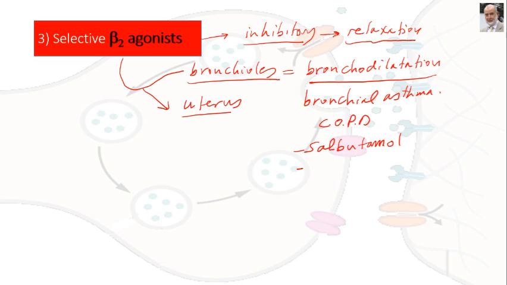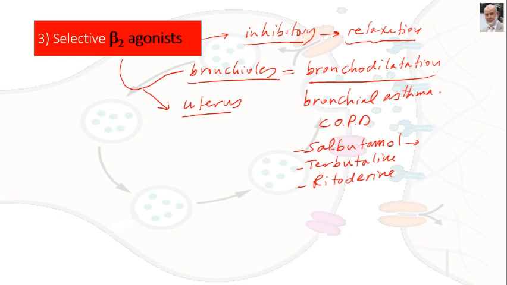There are many other examples, including terbutaline and ritodrine. There are tens of examples, but these are the most important, and I will tell you why. Salbutamol, terbutaline, and ritodrine. What's the difference between these three drugs? There is actually no pharmacological difference except in their kinetics.